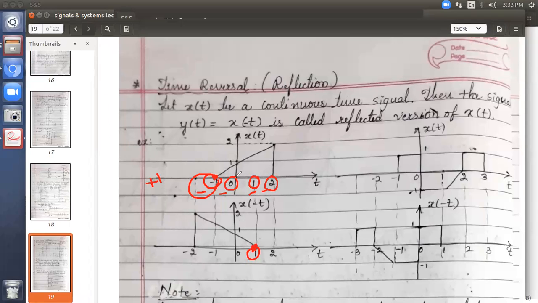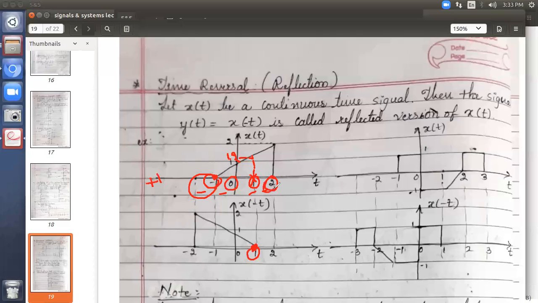Then 0, you can't change it further. 0, -0, +0, everything is the same. Leave it. I could take this also, but I have not used the scale properly. I don't know what amplitude I'll get here, probably 1.2 or something. So for this problem, let me skip this. If I would have used the scale properly, I would have got the amplitude correctly.